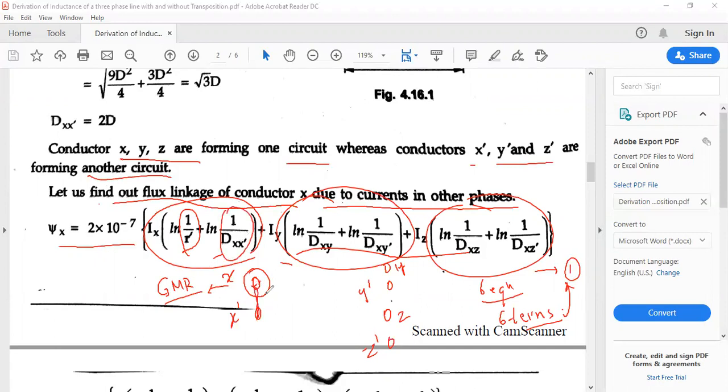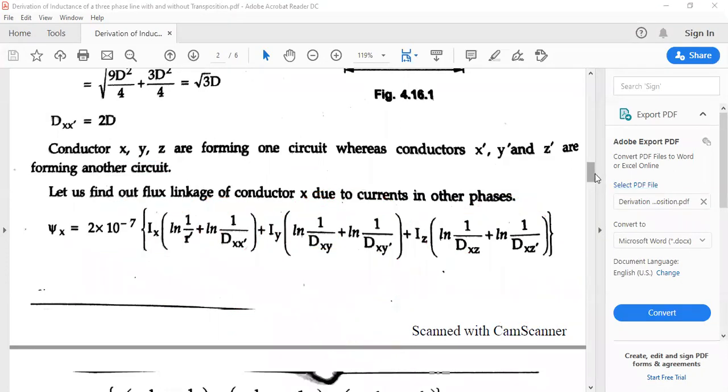Next, you will have dxy, that is due to current I, xy, that is dxy. Next, dxy dash. Next, xz dash, dxz, dxz dash. So that is present there.